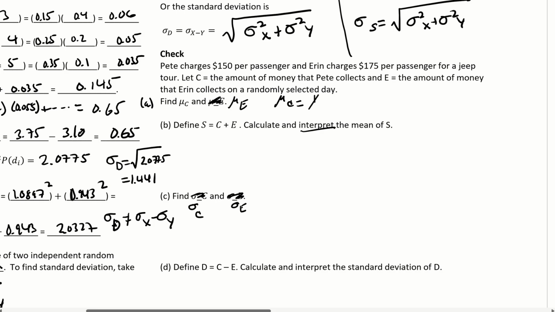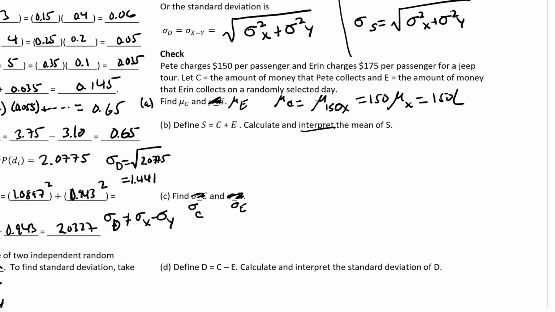Remember that Pete's variable was X and Aaron's variable was Y. So we have 150x, because Pete's charging 150. So it's 150 times mu x.